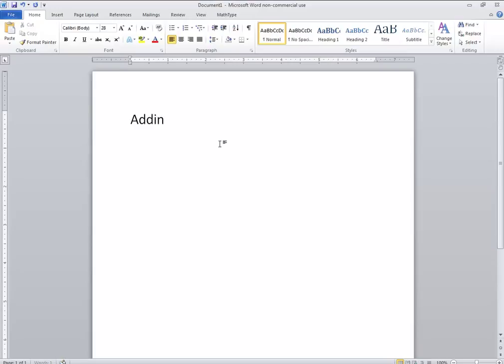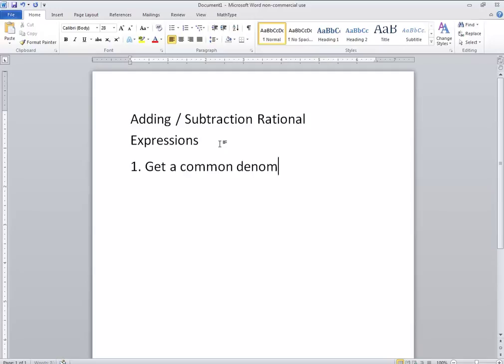So, adding, subtracting rational expressions. Step 1, we want to get a common denominator. In order to get a common denominator, when you're talking about rational expressions, and this is not every problem, just some of them, because some of them obviously are easier than others, our first sub-step within step 1 is to factor all the denominators.